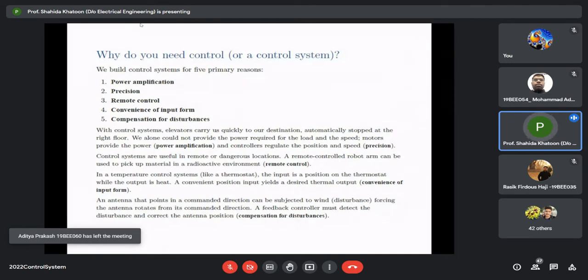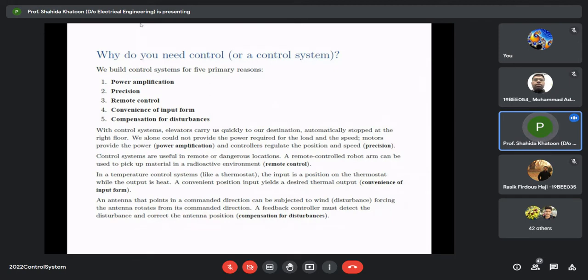In a temperature control system like a thermostat in a heater or water geyser, the input is a position on the thermostat while the output is heat. A convenient position input yields a desired thermal output. This is an example of convenience of input form. An antenna that points in a commanded direction can be subjected to wind, which is a disturbing force.